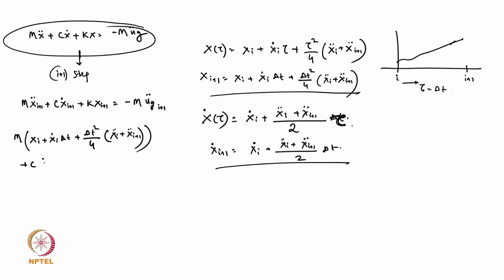Sorry, that should be with k. I substituted the xi, sorry, so that should be with k. Then we see it will be xi plus this, plus m. Okay, so now let's try to see what we got.